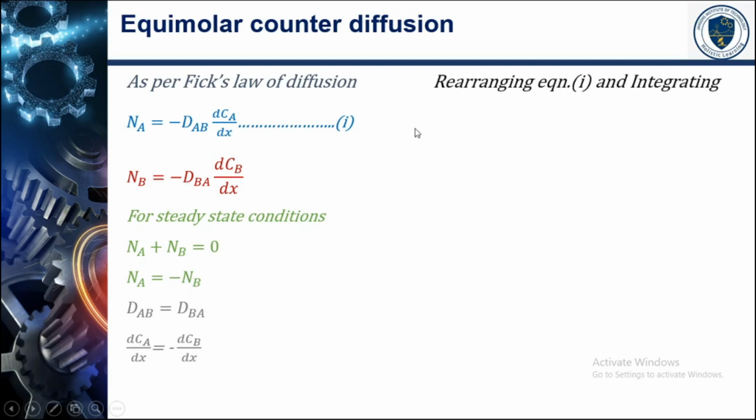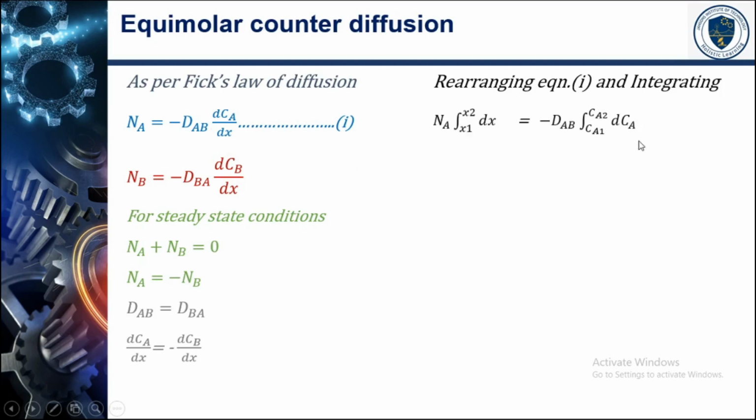Now we rearrange equation 1 and integrate: dx goes to the left hand side, then it will give Na into dx equal to minus Dab into dCa. Then after rearranging this term and integrating it, what happens?